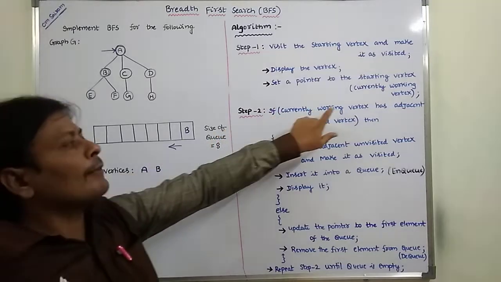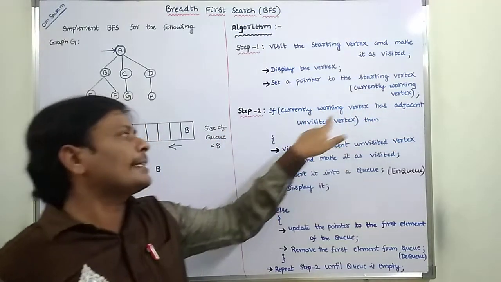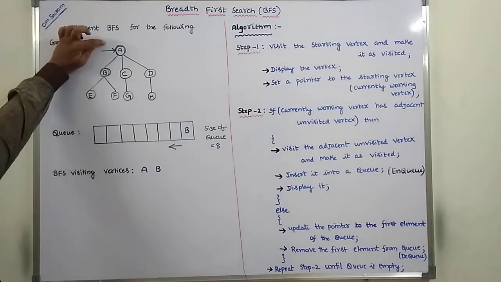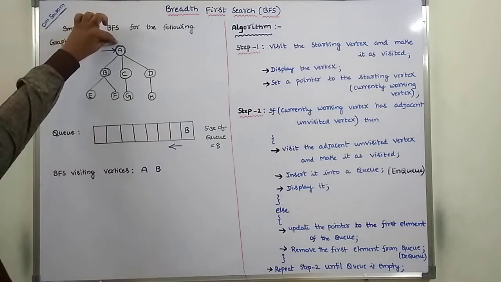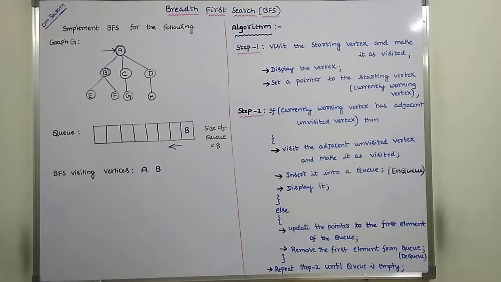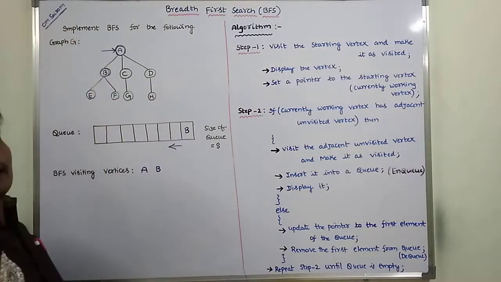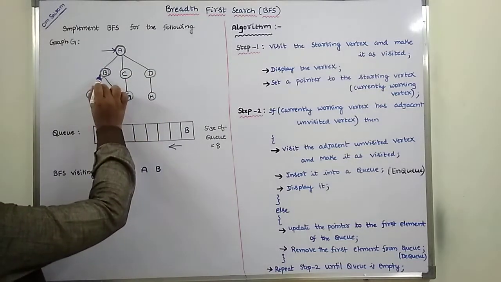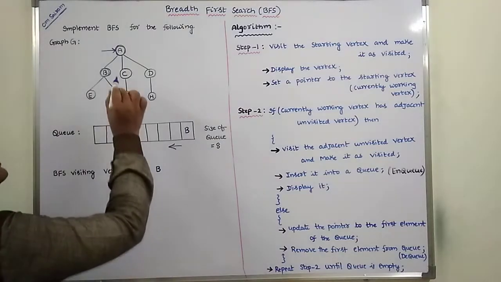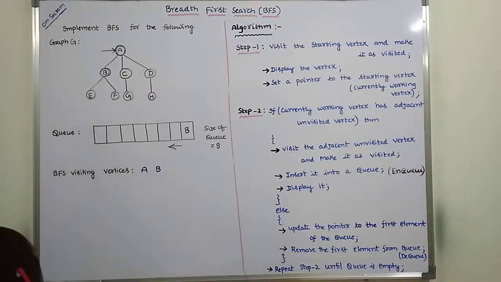If the currently working vertex has adjacent unvisited vertices: the currently working vertex is capital A. Does this capital A have any adjacent unvisited vertices? There are 3 adjacent vertices B, C, D. Among B, C, D, vertex B is already visited. Then C and D are not visited.